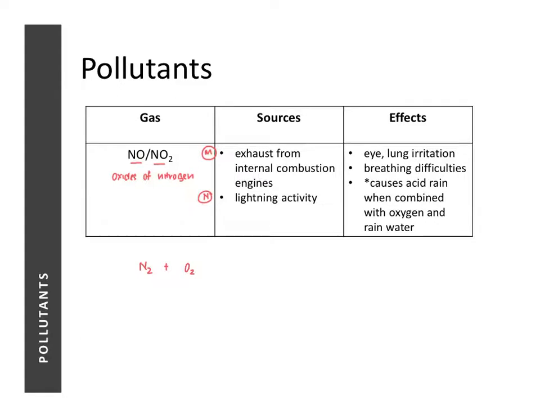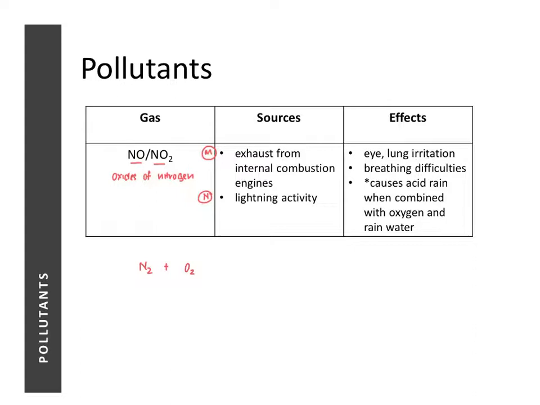So why don't they just simply react to give a lot of oxides of nitrogen? Why don't we have a lot of oxides of nitrogen in the air? That tells us something, that the reaction doesn't occur readily, or rather it takes a lot of energy for the reaction to occur.